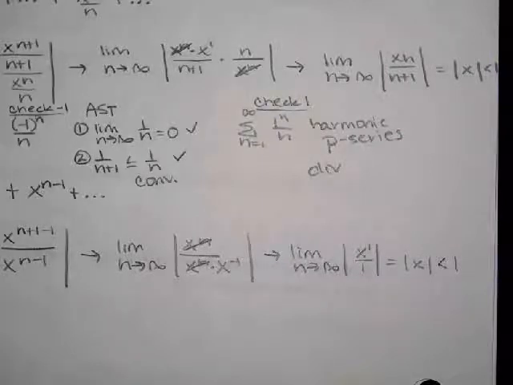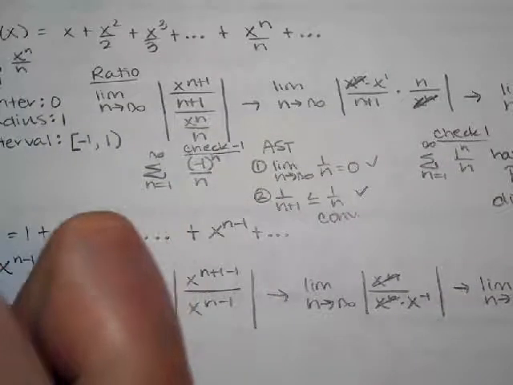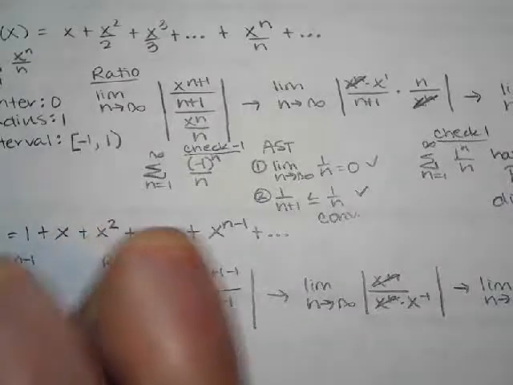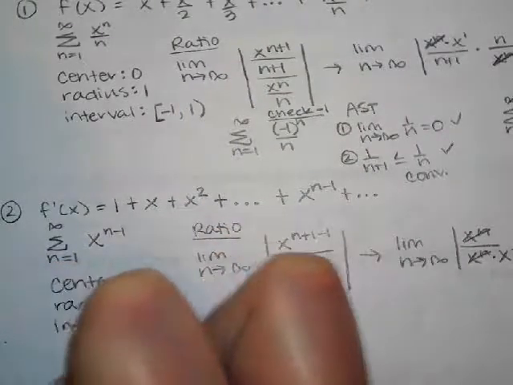So that radius is 1. Our interval from 0, we're going to go left 1, we're going to go right 1, so we're talking about negative 1 to 1 again. We're just not sure if we should include those or not. Okay.